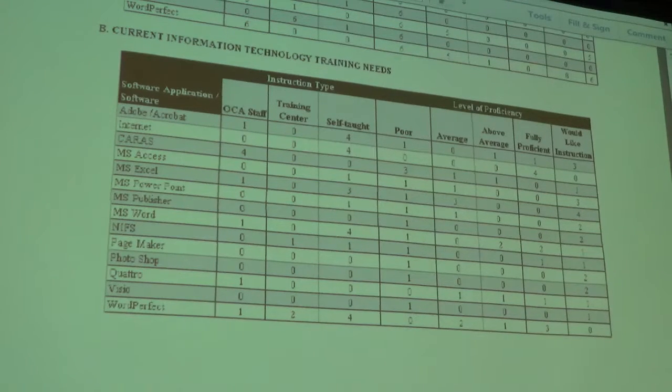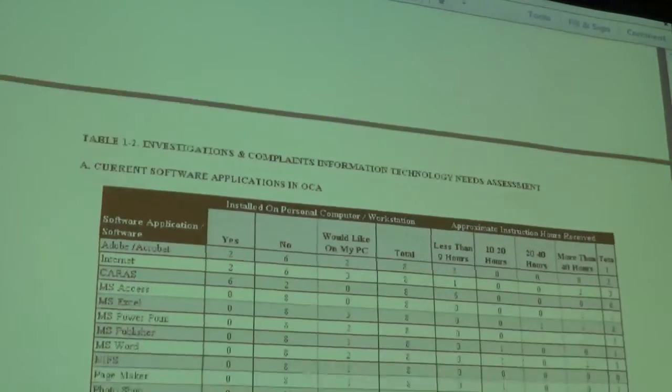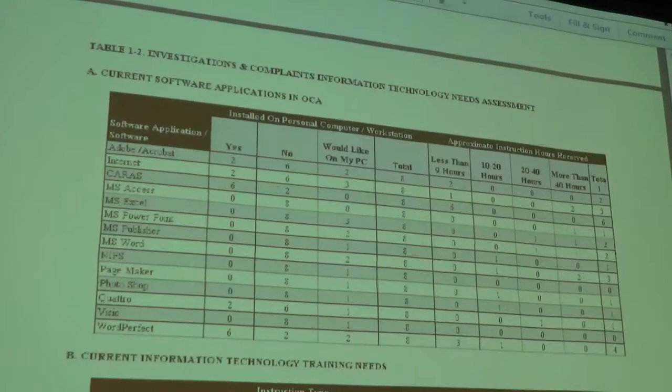Would we have a training center, or would it be self-taught, and what are the levels of proficiency? Was there a core level of proficiency in Adobe Acrobat and the different types of software they had, and would they like instruction, yes or no?